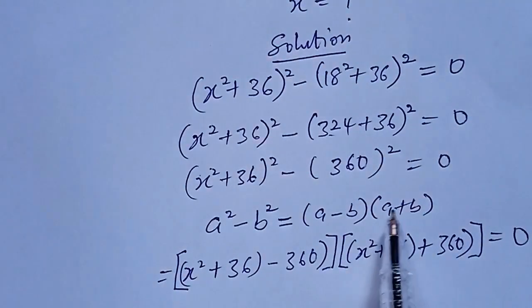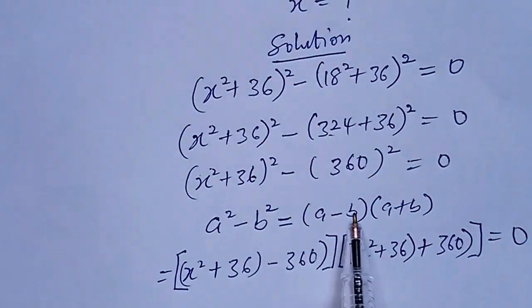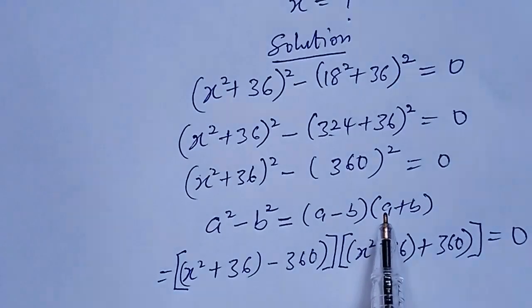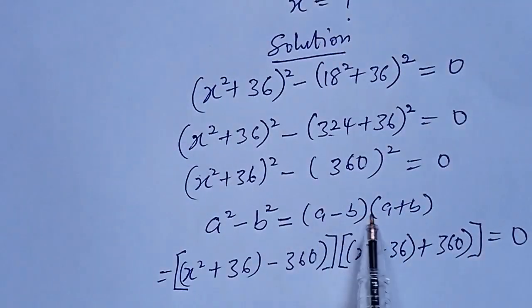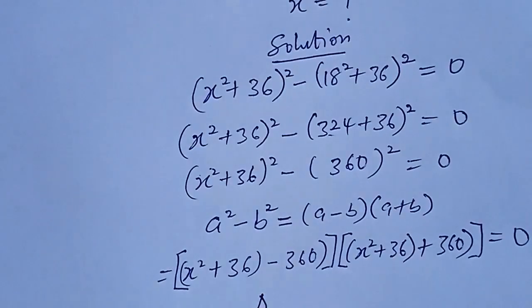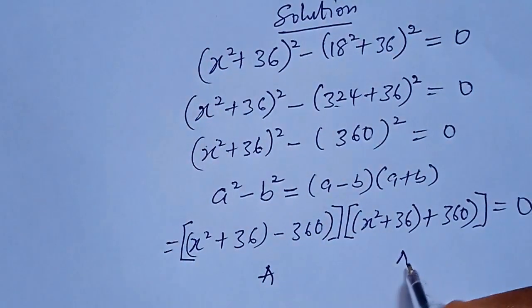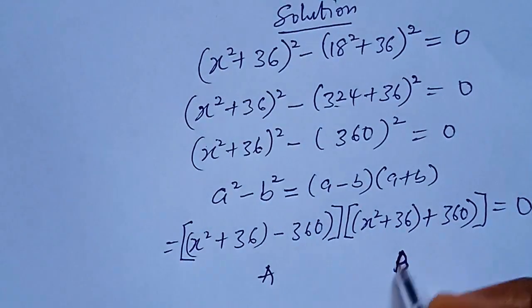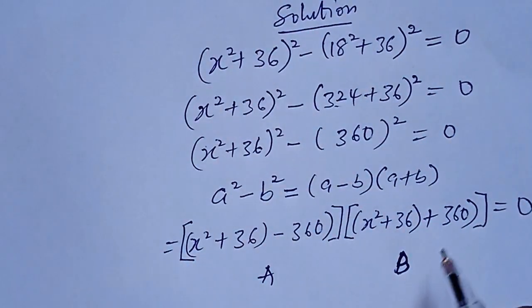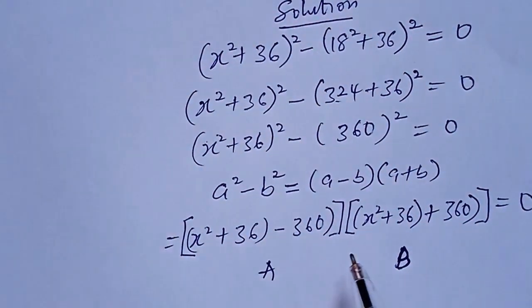If we consider using this identity and the resulting factorization, let's consider this one to be a and this to be b, so that we can simplify both one after the other.